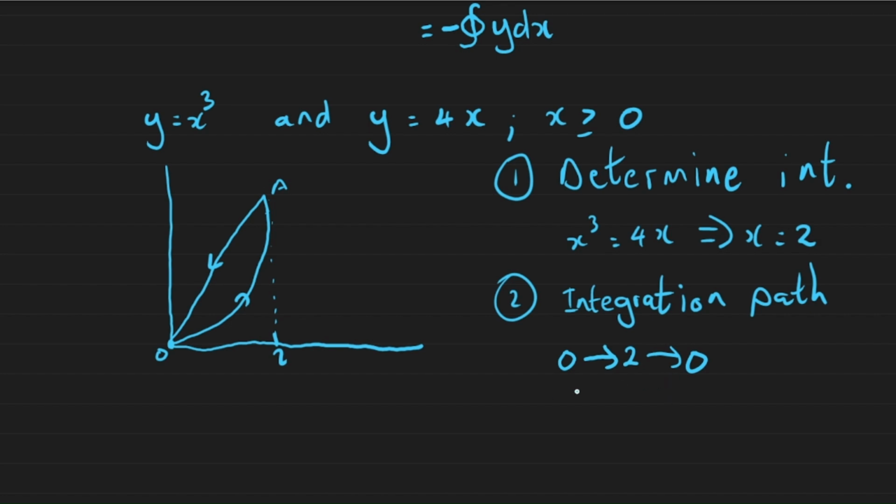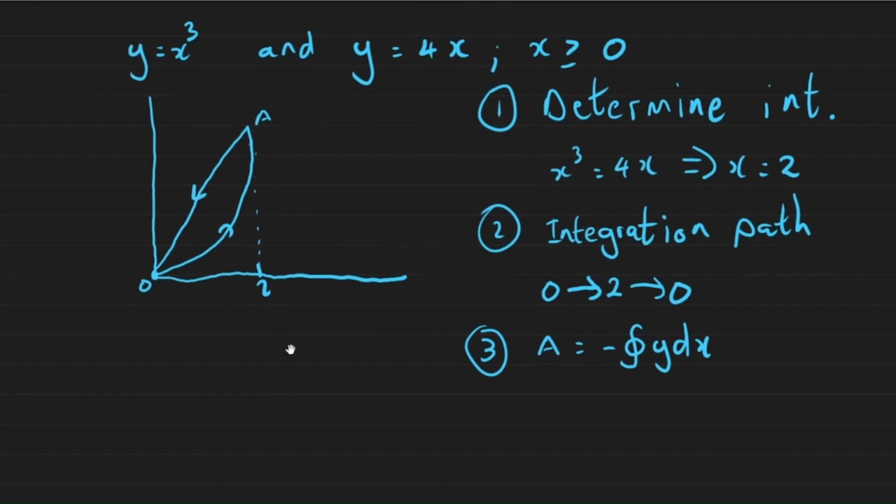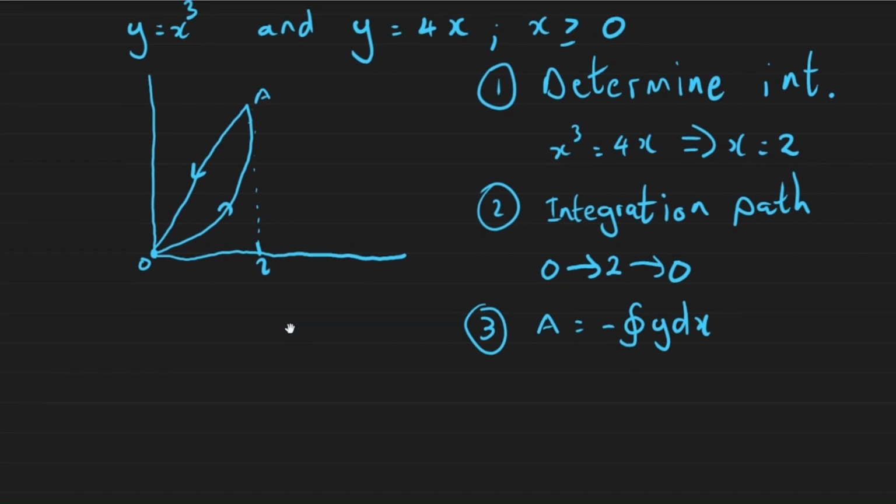So now we've done this, and the third step is to find the area underneath the curve. And that area is given by minus the integral around the bounded curve of y dx. So this is equal to minus, firstly, the integral of the bottom curve from 0 to 2.